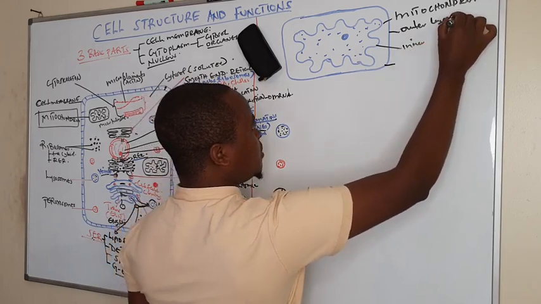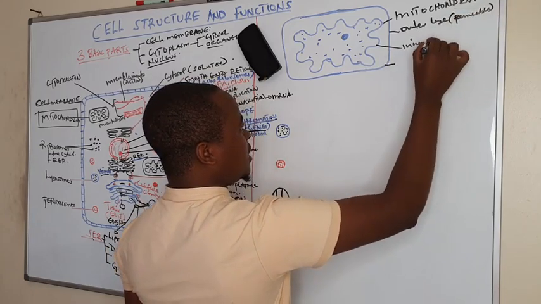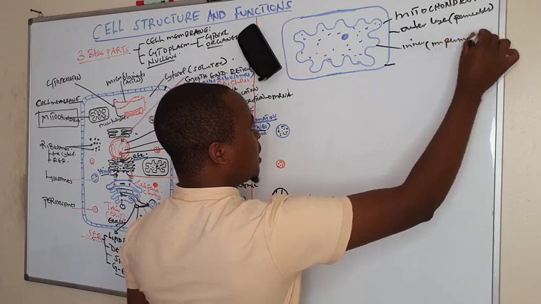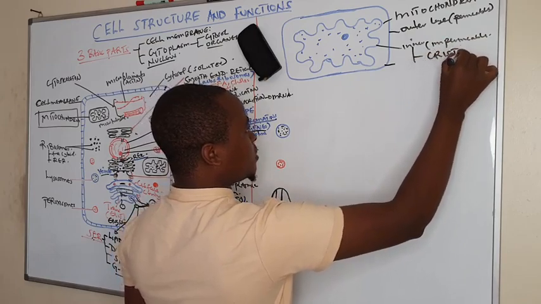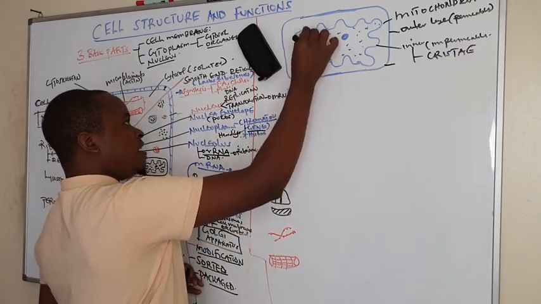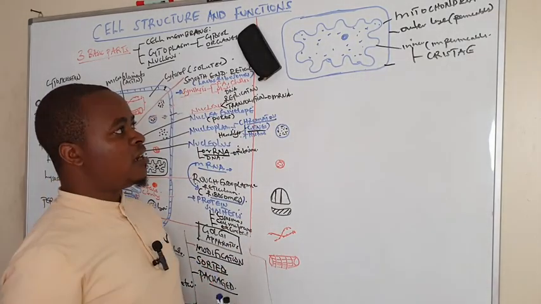The outer is permeable to many substances, whereas the inner is impermeable. And this inner is folded to form what we call cristae. That's why we say it is highly folded to form cristae, which increases the surface area.